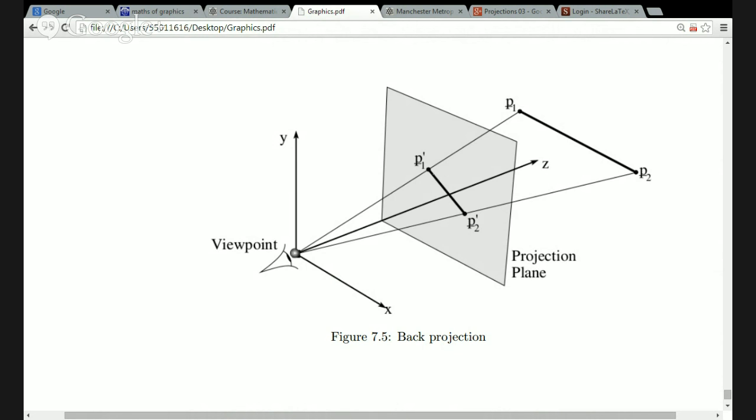The value of nu will define a point on the projection plane, because it will define a point on the projected line, and we want to obtain this parameter mu. If we have the parameter mu, that will specify the point on the line in the actual world space.